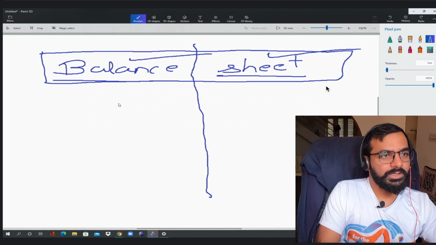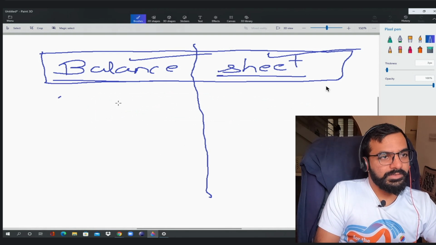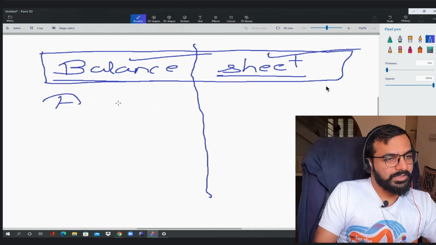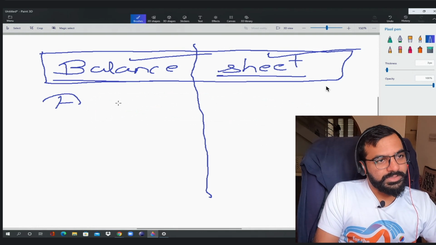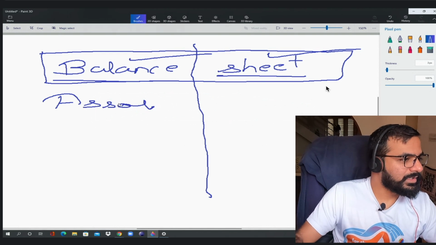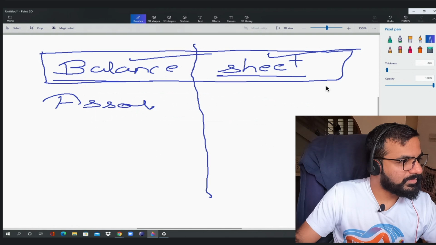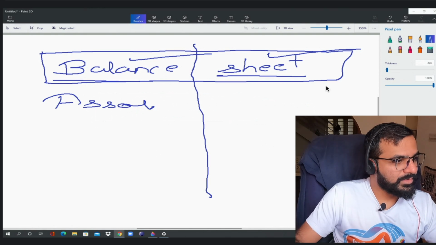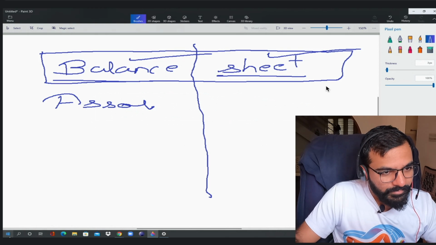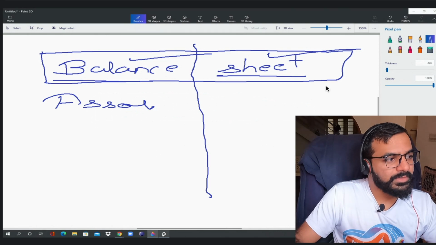So as Kirtana told, we have, just a minute. Assets. Hey, wait a minute. I will change the screen pattern and then we'll go to this. Just a minute. There is something wrong with my tablet. Settings.